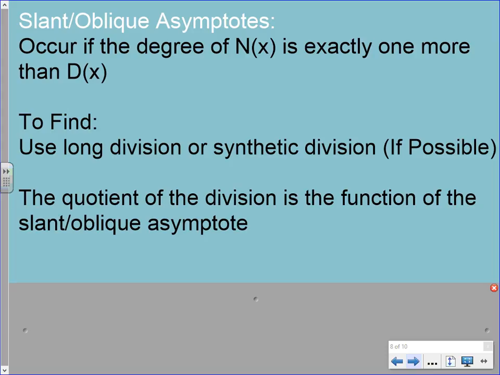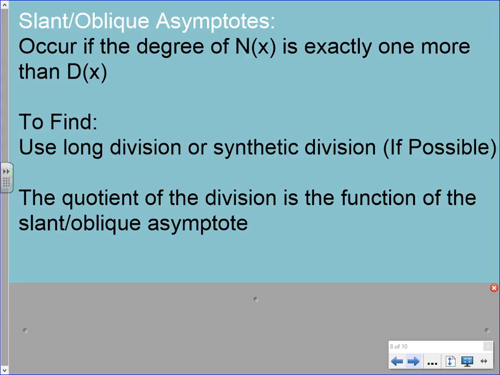So our numerator is going to be exactly 1 more than the denominator. Since it's a higher degree, it's larger, which means we can divide numerator divided by denominator. When you do that, the quotient is your slant asymptote. Okay? This is why this section is in this chapter. It seems kind of random. We've been talking about polynomials, and all of a sudden we have these asymptotes, right?